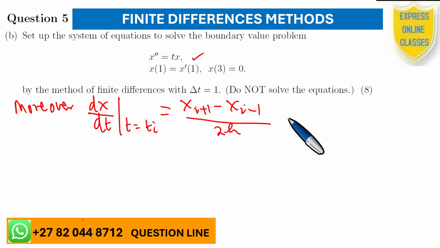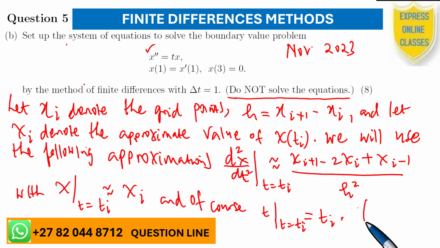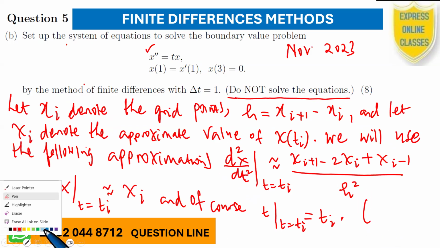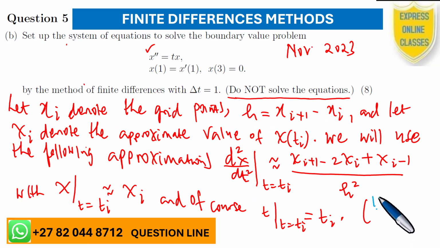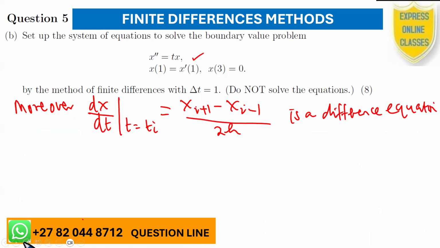It's a difference equation, whereas simultaneously this one is also a difference equation.